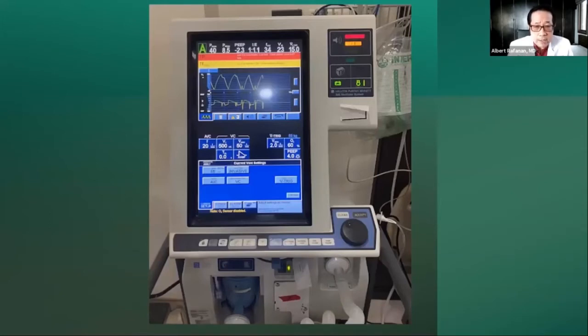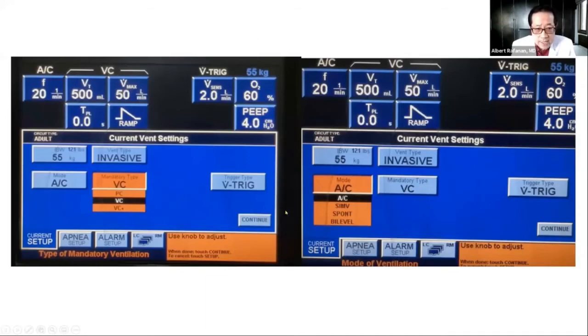This is also one of the more popular ventilators that are available. This is the Puritan Bennett. I'm going to show you how the interface works with the Puritan Bennett. We're going to pay closer attention to this panel over here, so I blew this up. With this panel, you can see with the mandatory type, you can pick either volume control or pressure control.